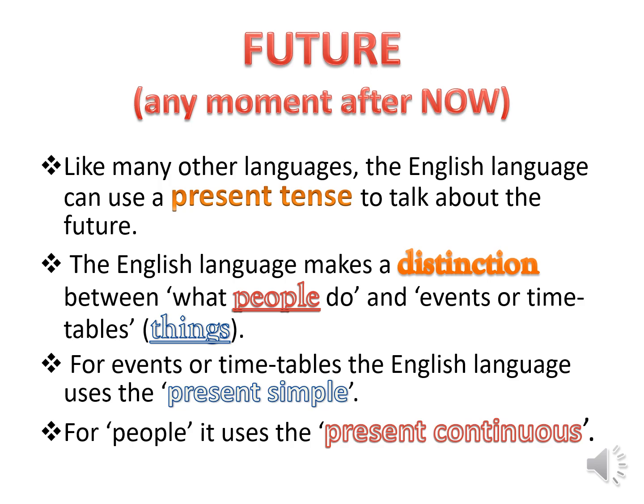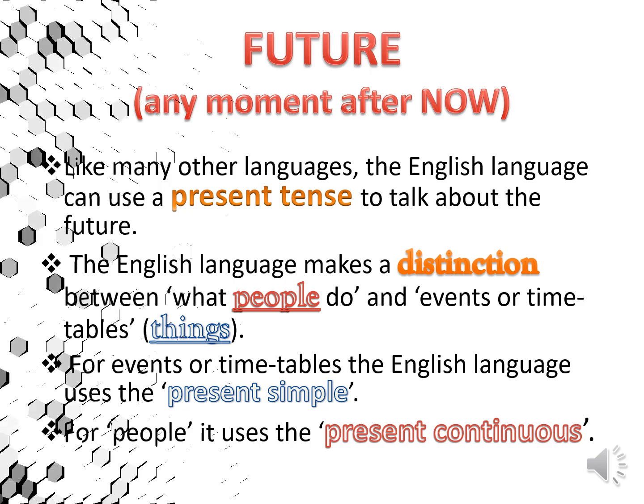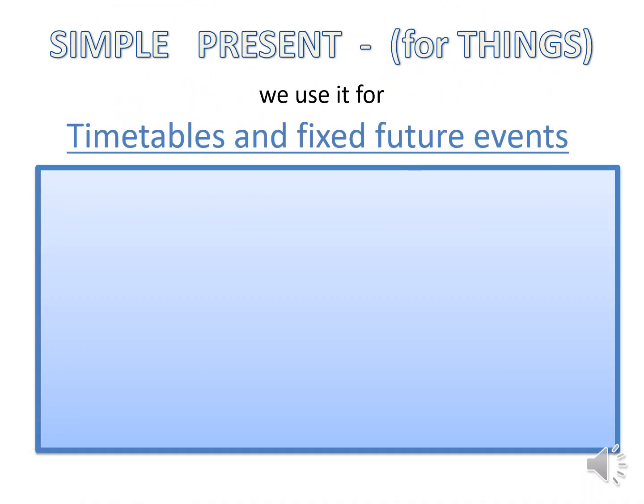For events or timetables, the English language uses the present simple. For people, it uses the present continuous. Simple present for things. We use it for timetables and fixed future events, such as the posters that we usually see for concert shows.